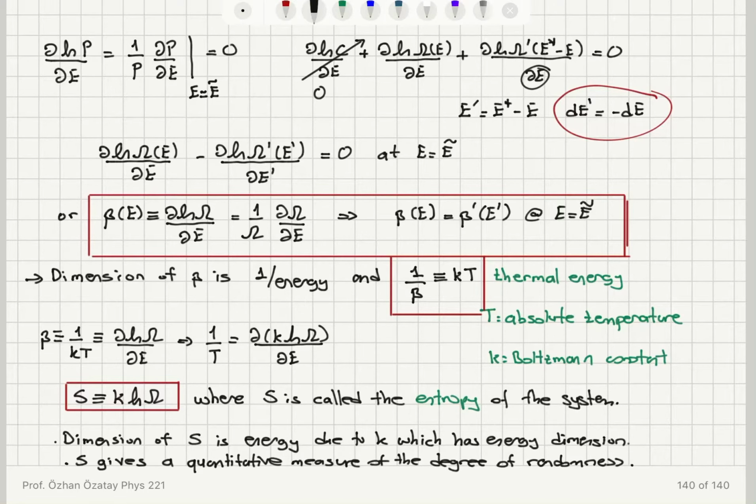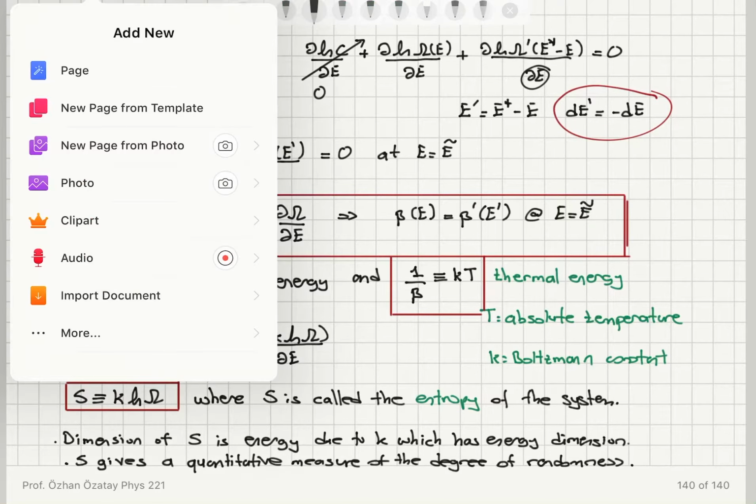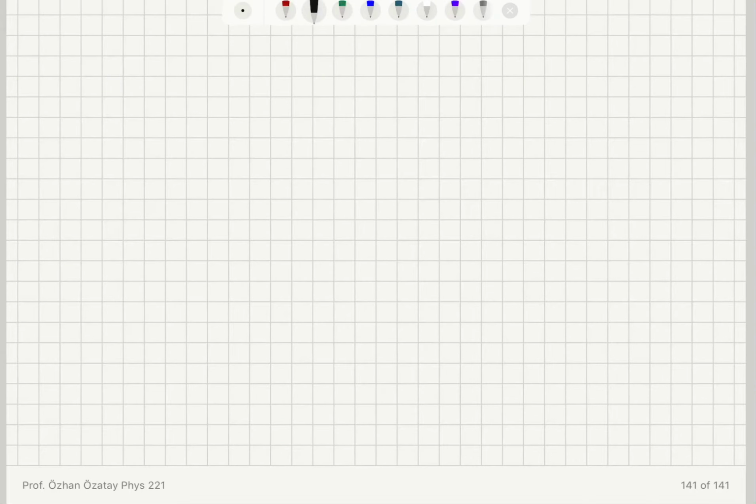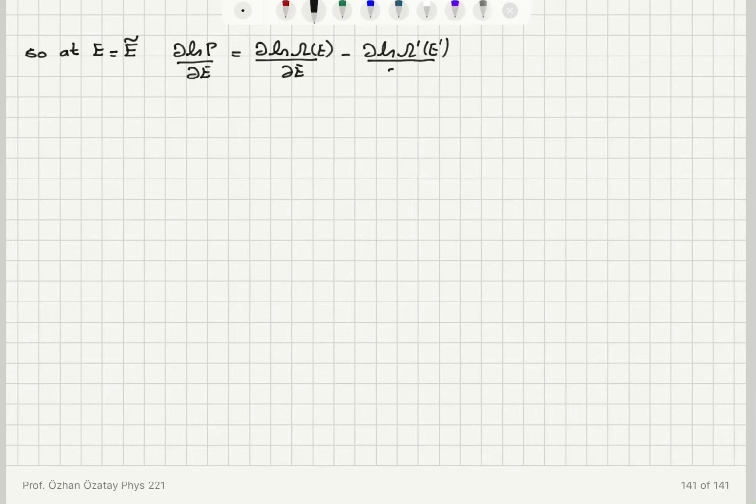Now I want to know what happens to S when I'm at equilibrium. So when I reach the maximum possible probability at E equal to E tilde, I have ∂ln P/∂E equals 0. So it's ∂ln Ω/∂E minus ∂ln Ω'/∂E' equal to 0.